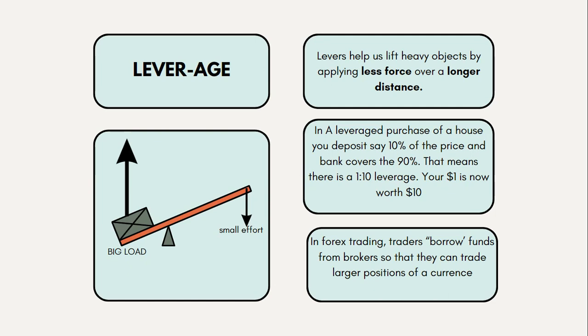So the bank will give you 90% of the funding as debt, and then you will pay your 10% as equity, right? And then when you finance this, what it means is that there is a 1:10 leverage. Your $1 has managed to buy you something that is worth $10, or your 1 million has managed to buy you what is worth 10 million.